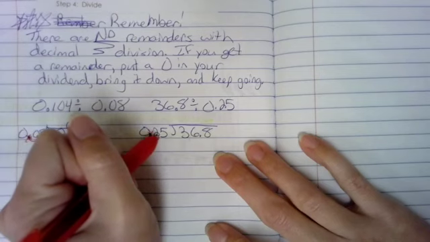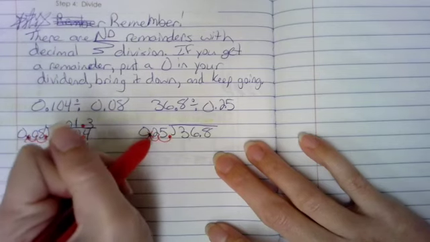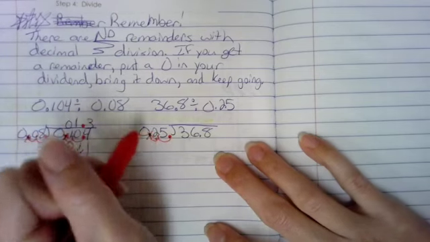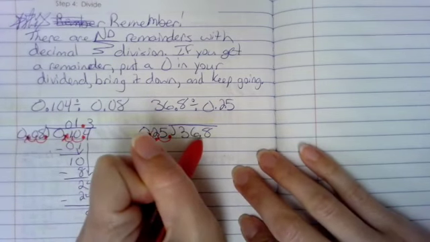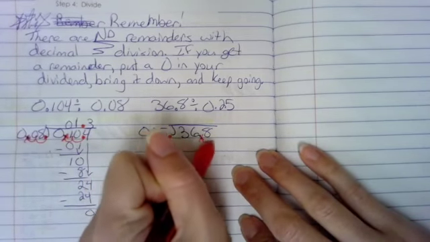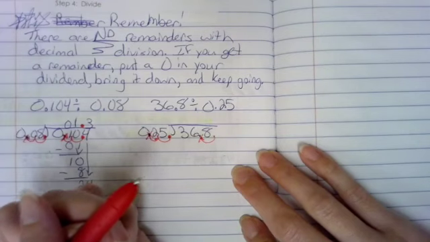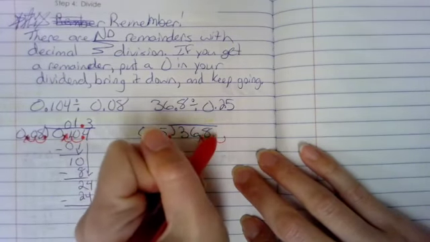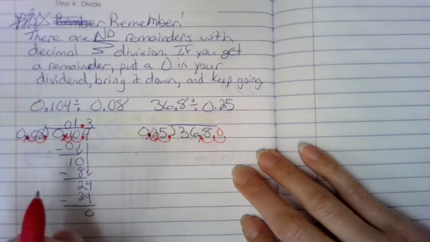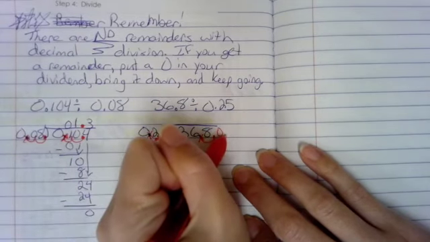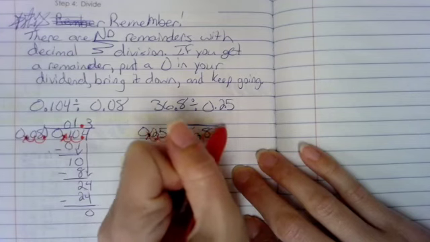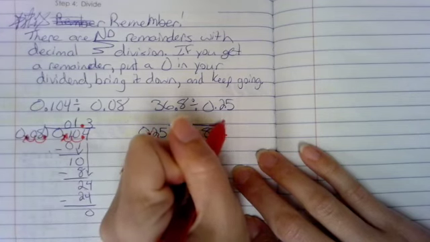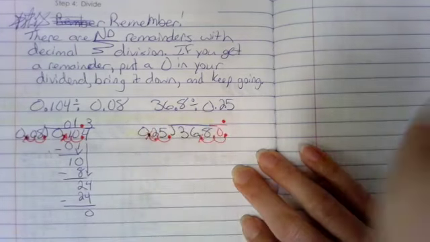1, 2. Since I moved it 2 times in my divisor, I also move it 2 times in my dividend. 1, I can't move it again. Yes, I can. 2 times, what do I put here? A 0. My decimal is right here, so we move it on up to the top.